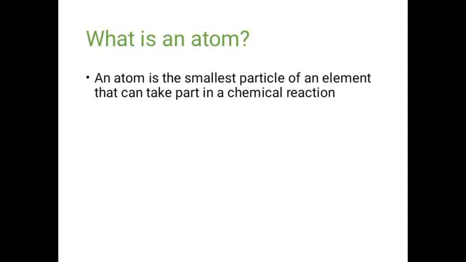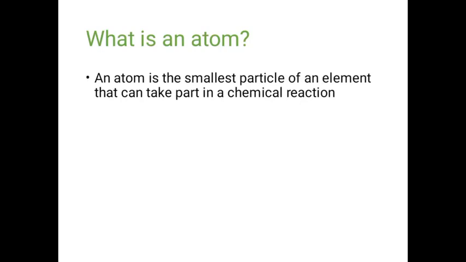Now, in Form 1, through our Form 1 course, we were able to introduce chemistry as a branch of science that deals with the study of structure, properties, composition, and changes that matter undergoes.